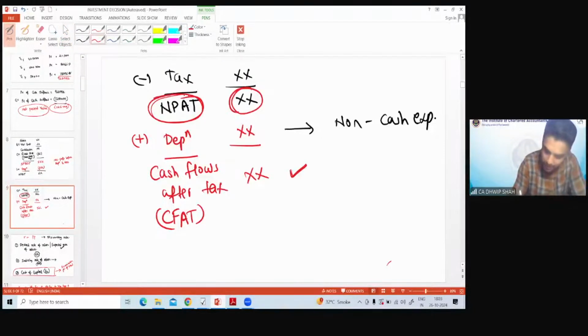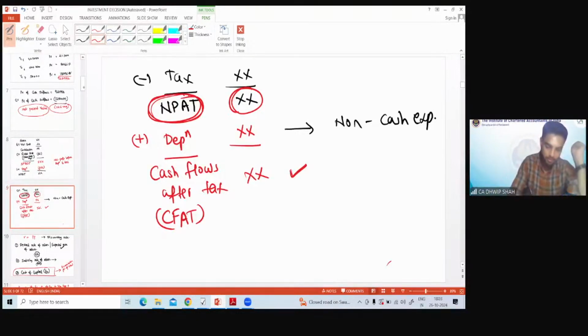We have to stop at net profit after tax. Okay? Because from accounting perspective, depreciation is an expense. So as far as accounting rate of return is concerned, the formula is average net profit after tax divided by either you take initial investment in the base or average investment in the base.